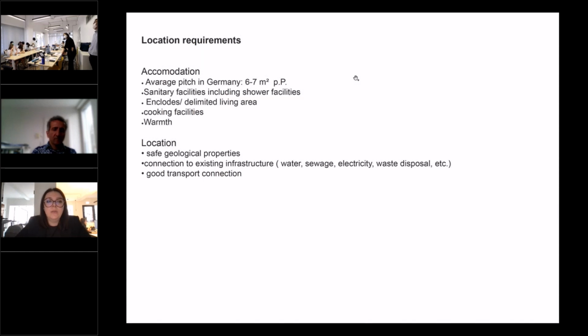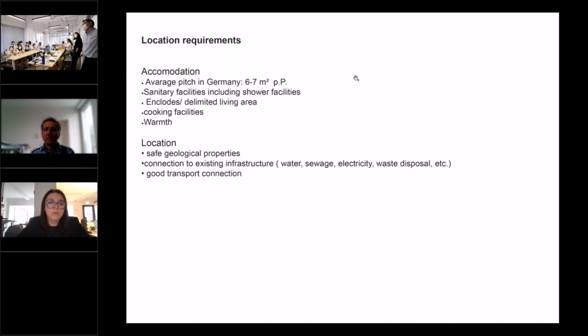For the location requirements, for example in Germany, the average is 67 square meters per person, and in America you have 45 square meters per person. So you can see there is a big difference between Europe and the USA.